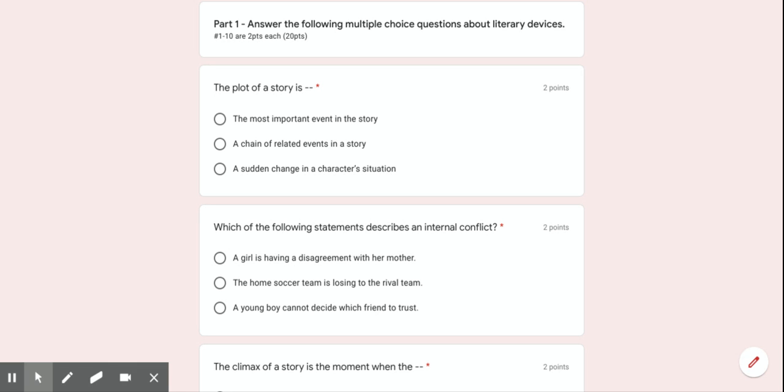Part 1, number 1. The plot of a story is A, the most important event in a story, B, a chain of related events in a story, or C, a sudden change in a character's situation.